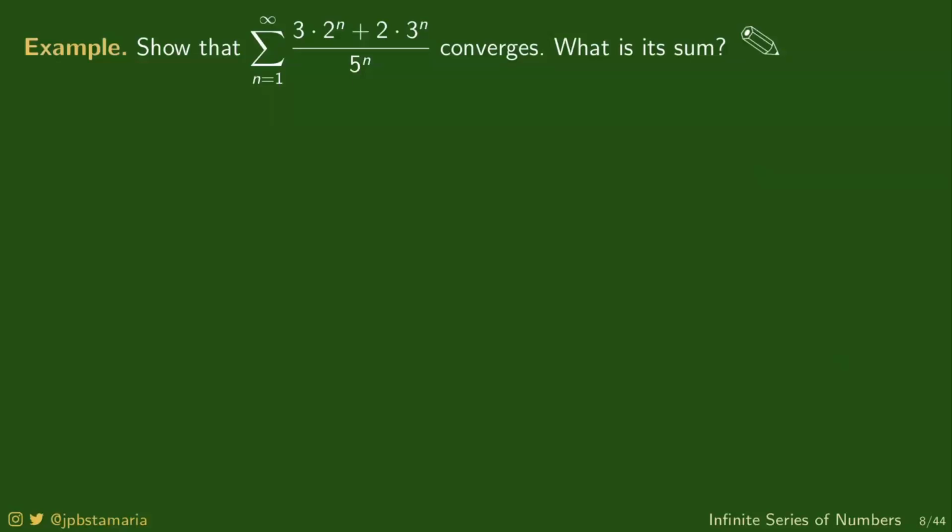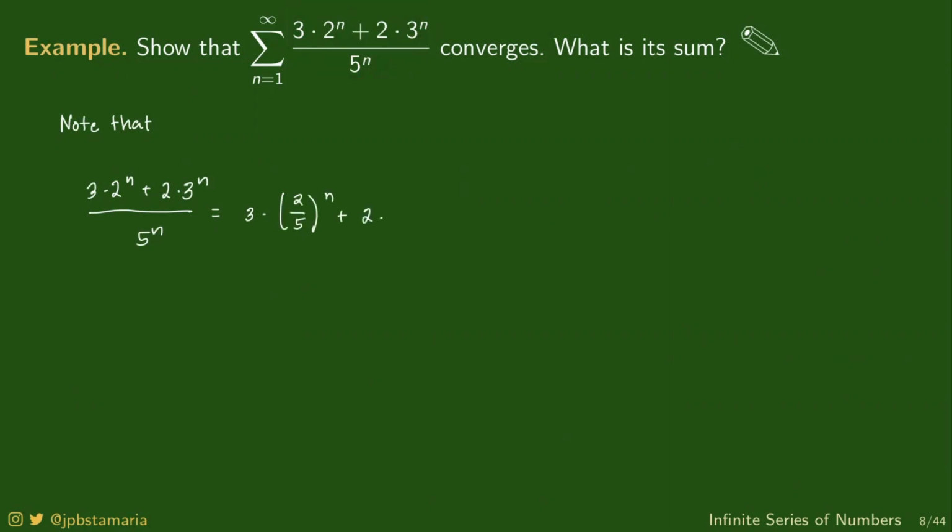Basically, ano lang pala to, dalawang terms divided by a single term. So maybe I can divide. Note that yung 3 times 2 to the n plus 2 times 3 to the n divided by 5 to the n is basically 3 times 2 to the n over 5 to the n, that's 2/5 to the n.